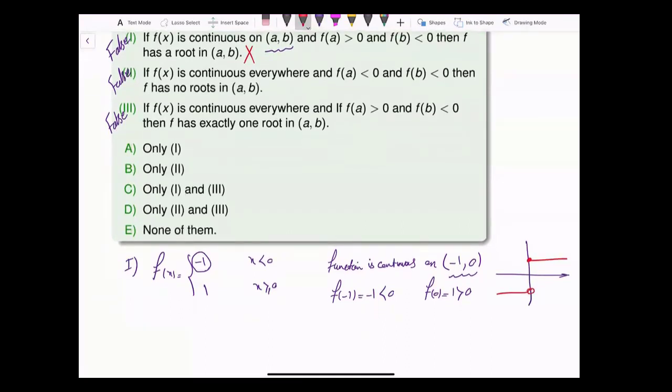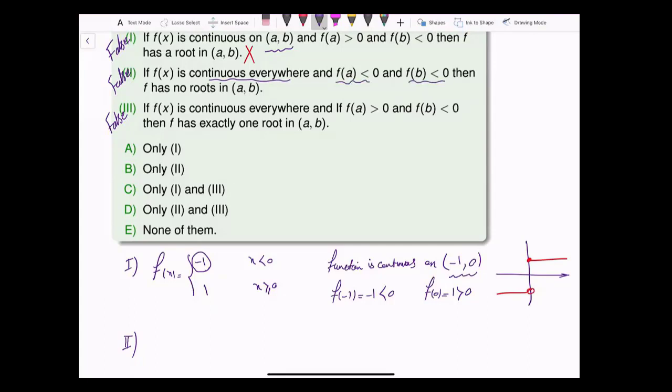The second statement is wrong because, you see, it says the function is continuous everywhere. That's nice. But the values of the function at the two endpoints are negative.